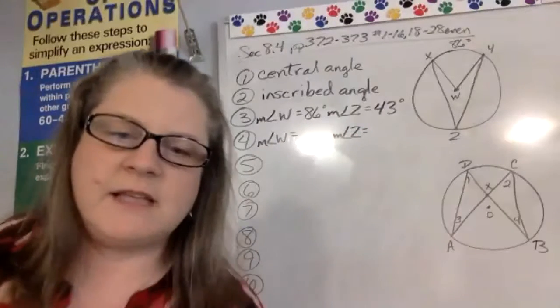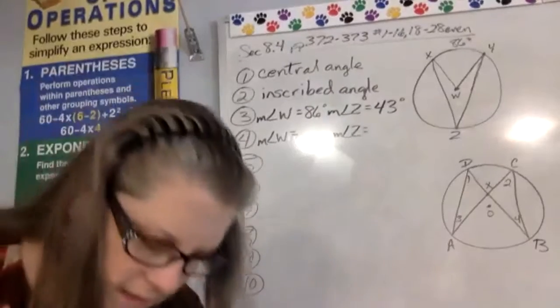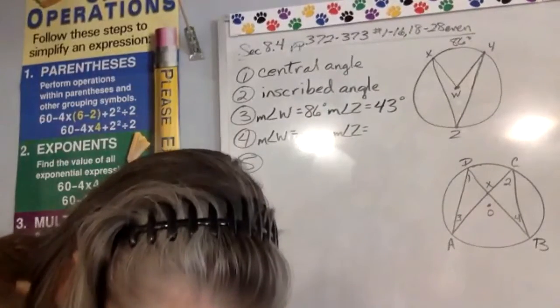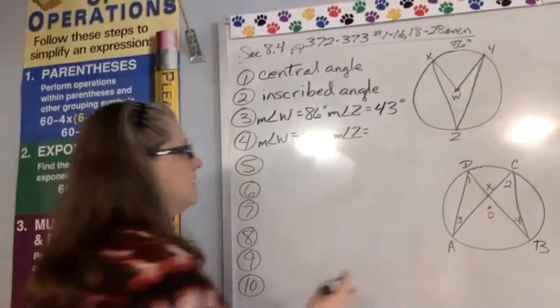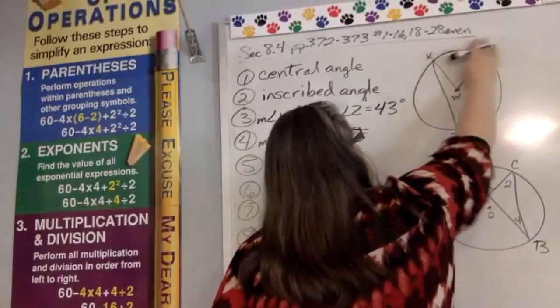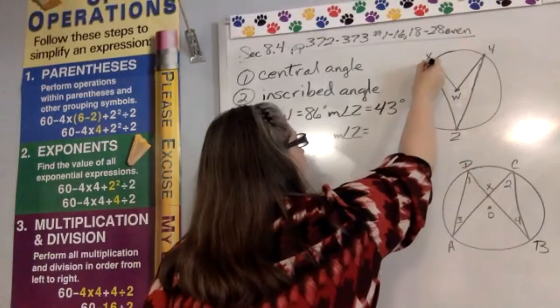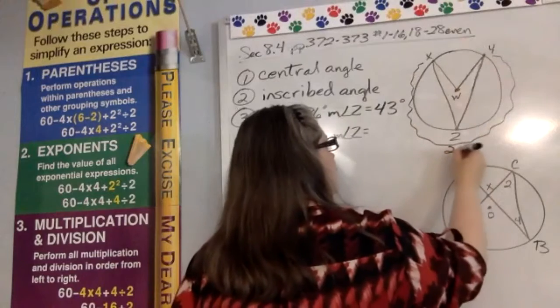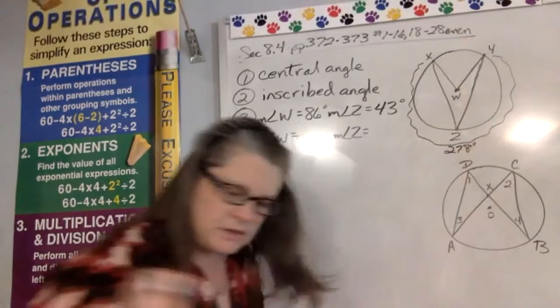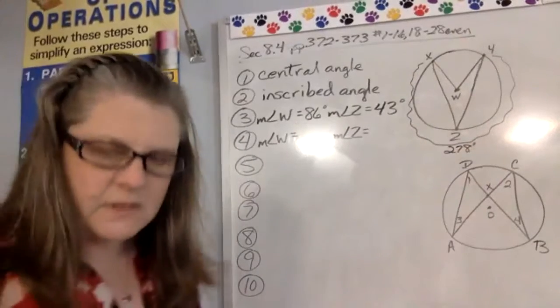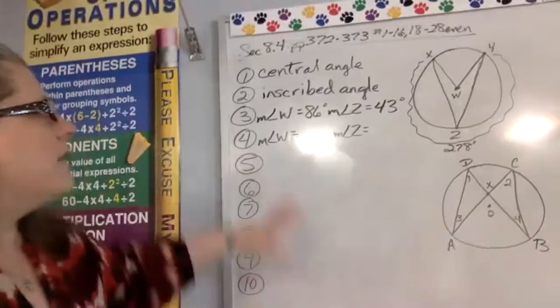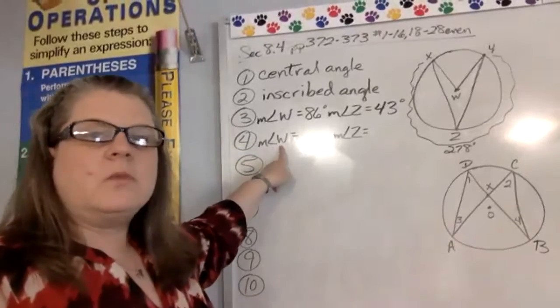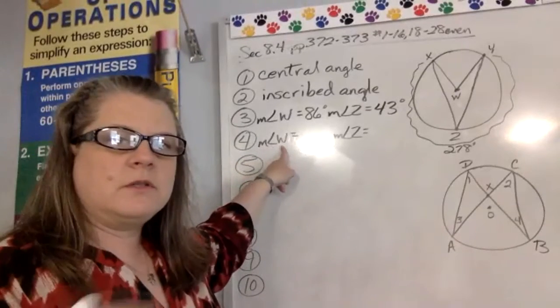On this one, it said arc XZY was 278 degrees. So this isn't 86 anymore. From here all the way around the circle to there was 278 degrees. Okay, so if I want to know angle W, what's an entire circle equal to?